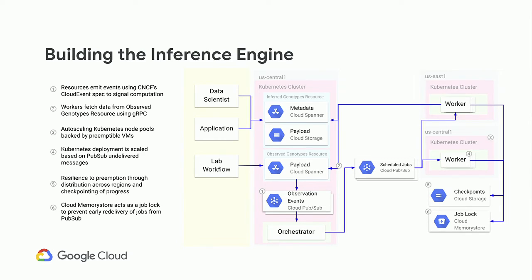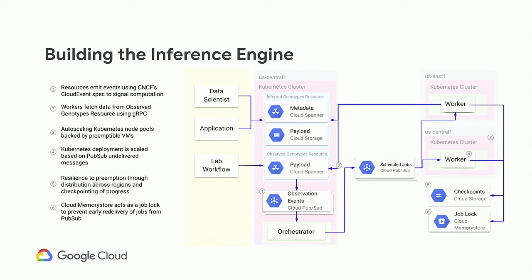And those pods, their sole purpose in life is to do that calculation for us. To infer these genotypes, they'll reach back into our resource APIs to grab those observed genotypes. When they complete their purpose, they'll write that new data set out as an inferred genotype into our inferred genotype resource.